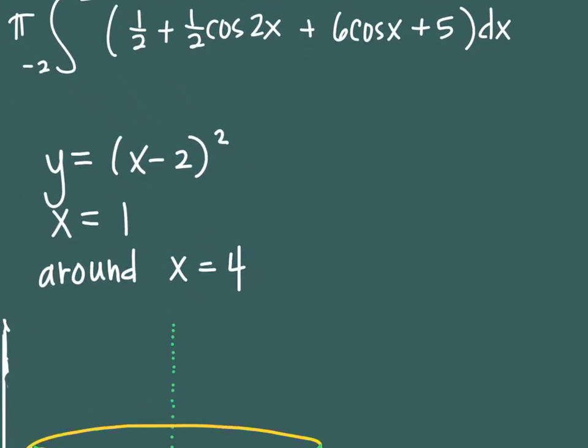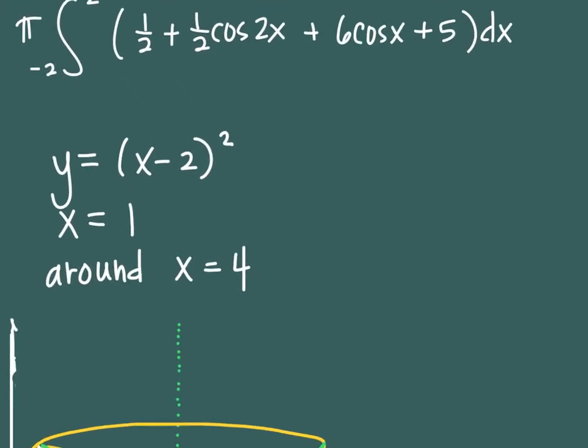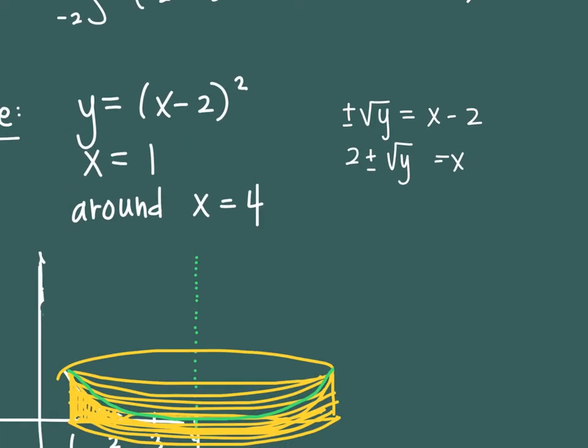So you come back here and you have plus or minus the square root of y equals x plus 2, x minus 2. And so x is 2 plus or minus the square root of y. Okay, and which one do we want?